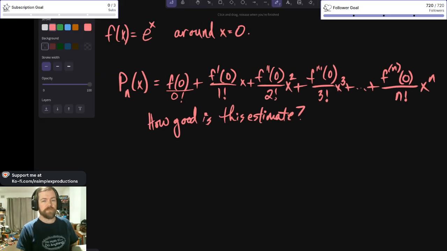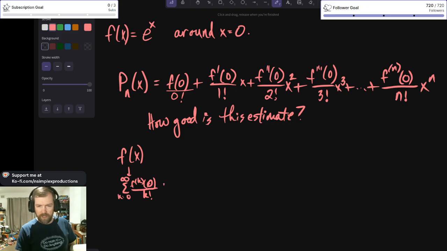So if it stops at a finite number of terms, then the difference between f of x, which is going to be equal to the full Taylor series, right, we'll still do it at 0, just because of what we're doing here. K factorial, k goes from 0 to infinity, and then x to the k.